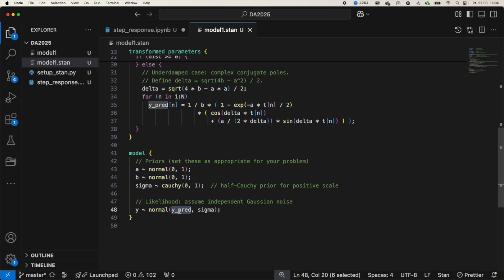We have nonlinear dependence of the outputs on the parameters, because it involves exponents and roots of polynomials, right? And then we put it in the normal likelihood. We can formalize this in multiple different ways, also in Stan. Generally, it means: what is the probability that our data is consistent with the model for a given set of parameters?